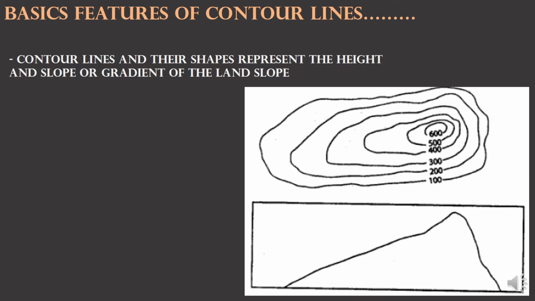The highest point is 600 at the right hand side, while the 100 is the lowest one and the widest line here, which is the 100 in height. So the slope is in that direction.